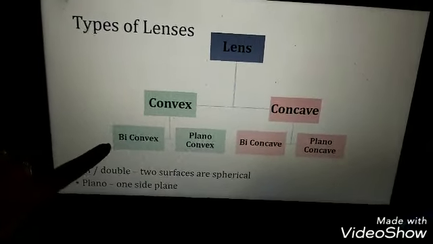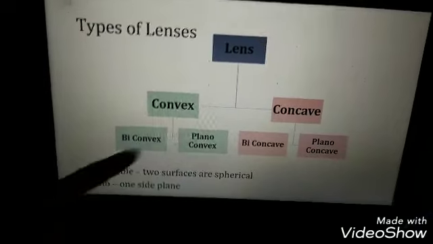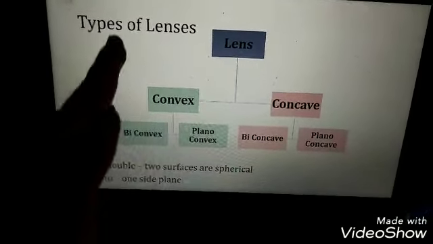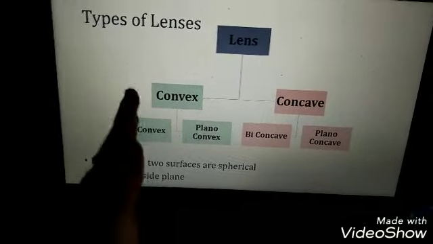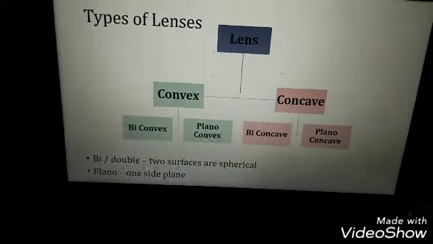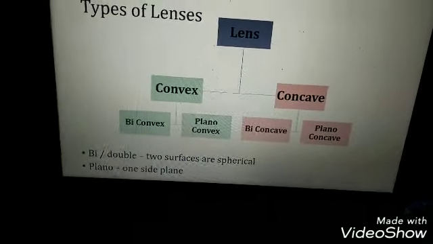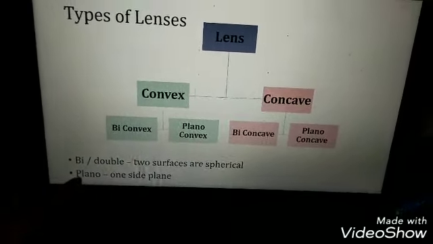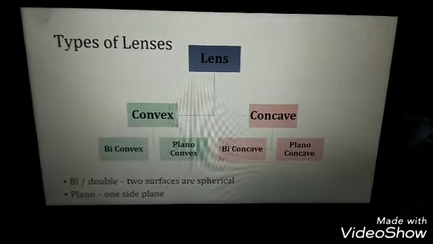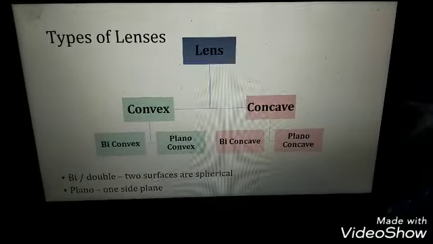So that means the biconvex lens. And plano-convex is where one is a plane side, I don't mean a mirror, it is just a plane side, and the other is a spherical surface. So that is where the name is coined as plano-convex lens. The same thing is applicable for a concave lens also.